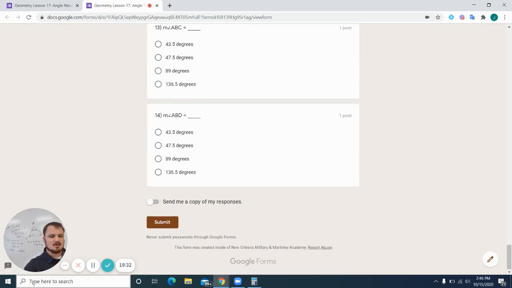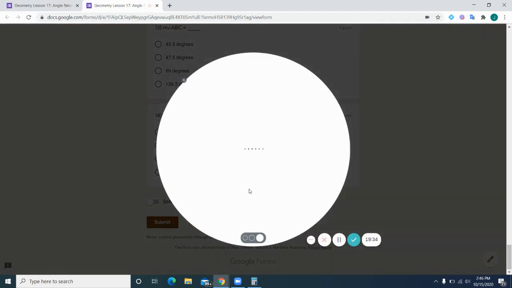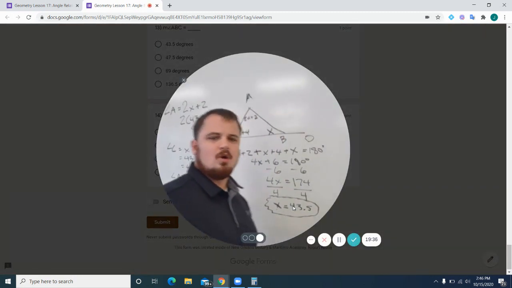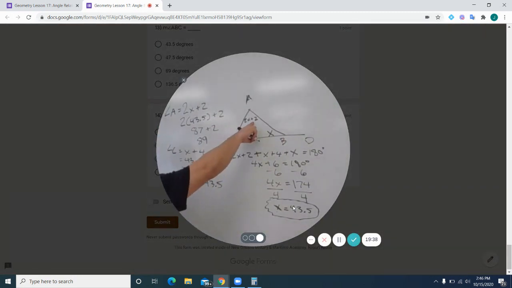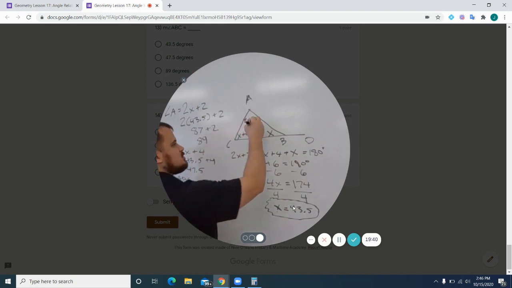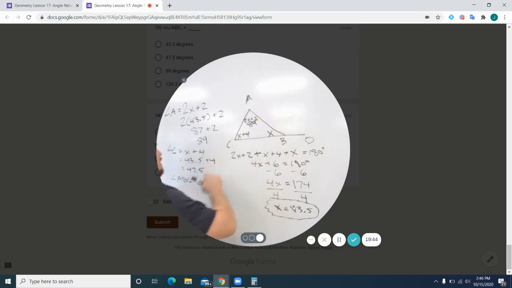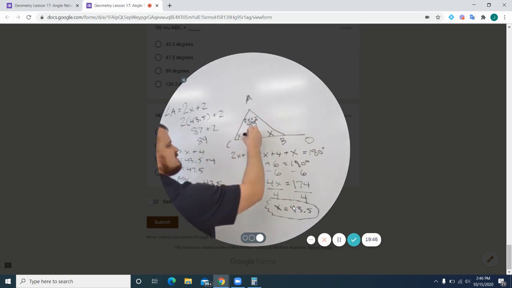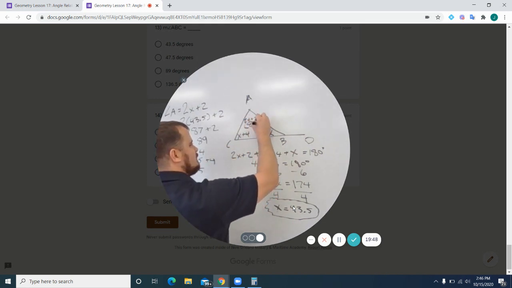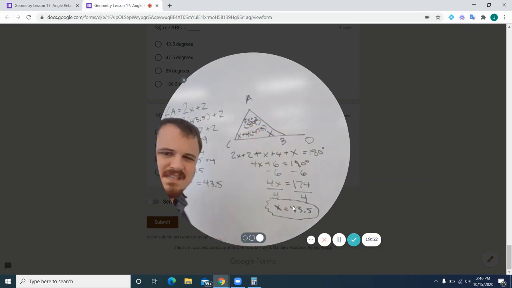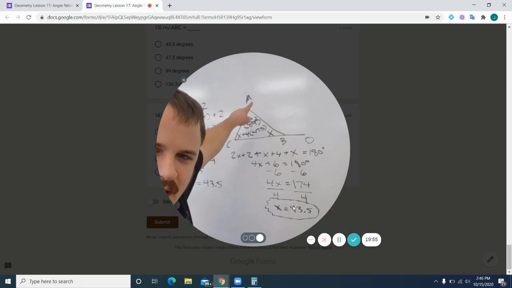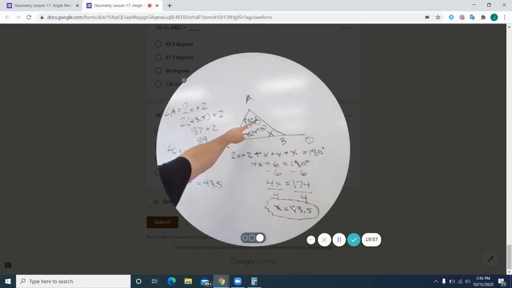And then ABD. You could actually take two different approaches. If you know that this angle right here, remember we solved it, was 89, and then this angle right here is 47.5. Angle A up there is 89, and then 47.5. Add those two together.